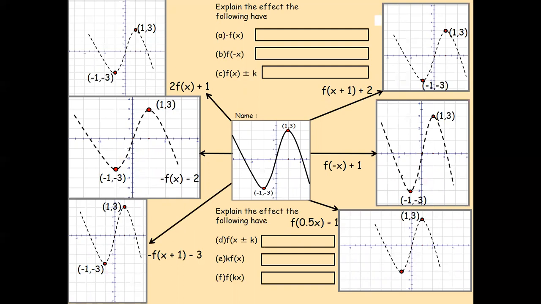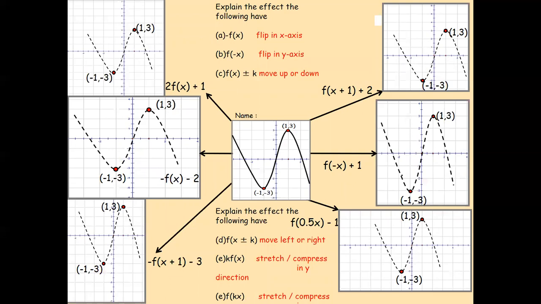Okay, so if I'm asked to do 2f(x) plus 1, let's have a look here. So you flip in the x-axis whenever you've got a minus f(x). So it's negative f(x), we flip in the x-axis.